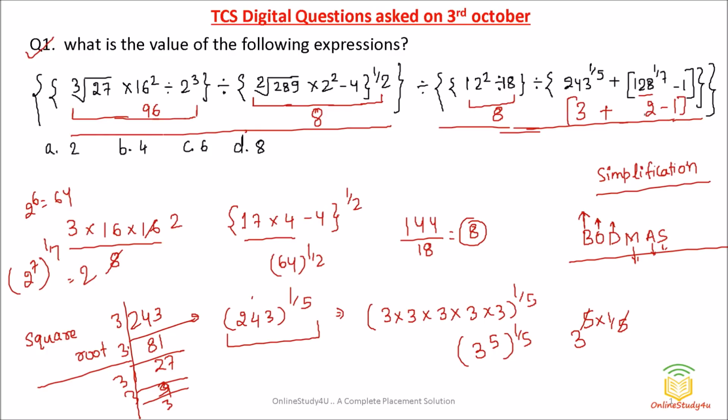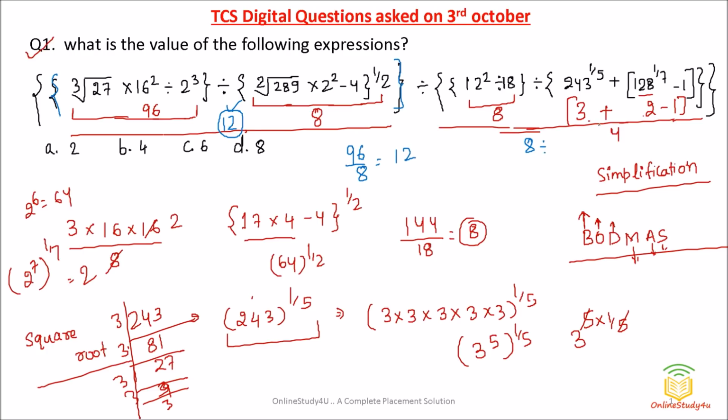Now friends, 3 plus 2 is 5. 5 minus 1 is 4. So finally we got this particular value. Now this bracket we will solve first. So 96 by 8 will be nothing but, see this is division, so it will become 12. So this complete bracket is giving you 12.